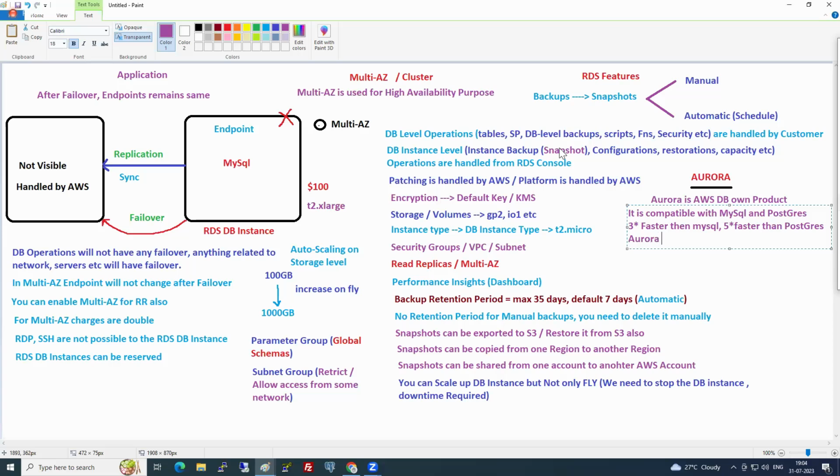Aurora has 15 read replicas. And do we have a load balancer for read replicas? Yes. So Aurora is server based as well as serverless also.